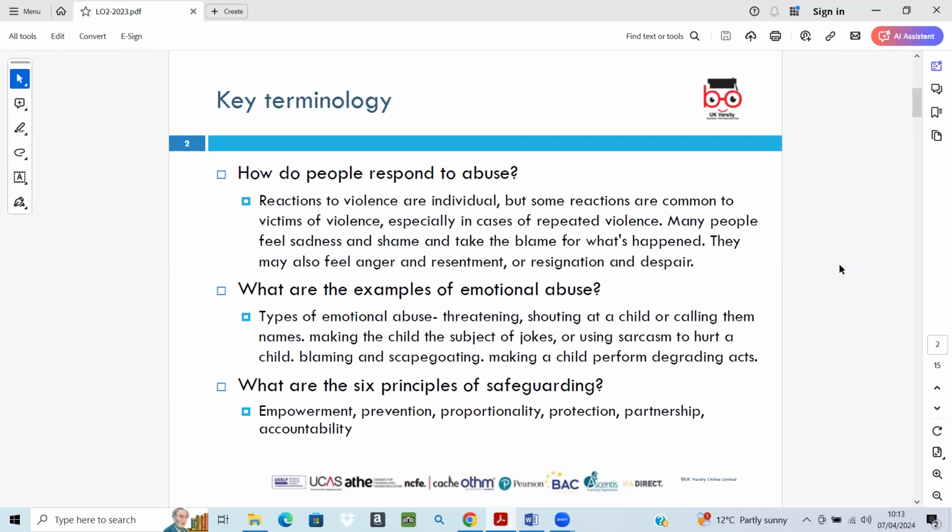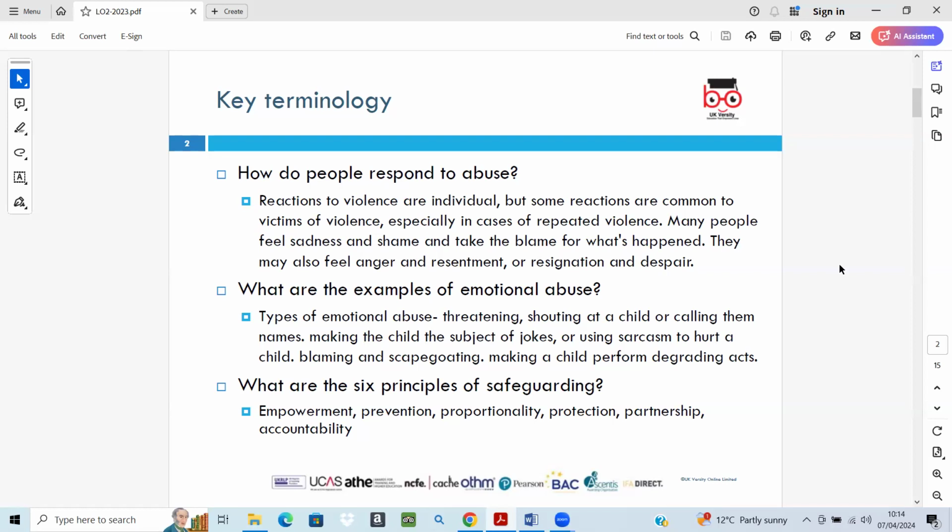So this is what we are learning, how people respond to abuse. Sometimes reactions to violence are individual, but some reactions are common. Victims of violence, especially repeated violence, often feel sad and ashamed, like the examples provided here. For example, in the case of emotional abuse, we cannot see it physically through our eyes.